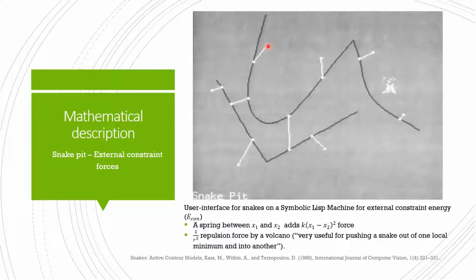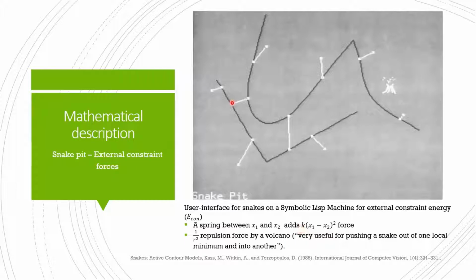These springs are attractive forces. Like if two ends of the spring are at positions x1 and x2, then it will add a force k times (x1 minus x2) squared. If x1 and x2 are at the same position, like the spring just shrinks to a single point, then this energy is minimum. And if x1 minus x2 is 1, then the energy is k.